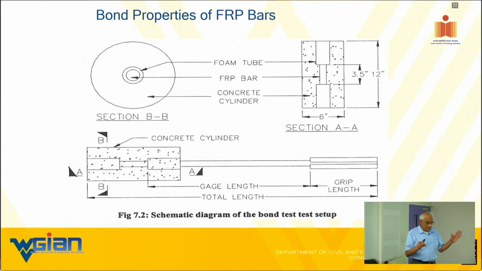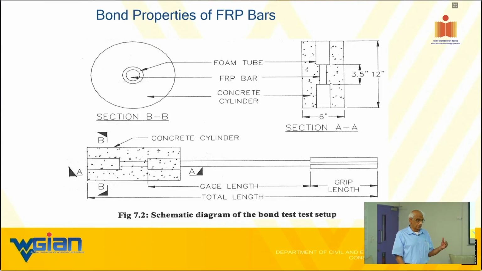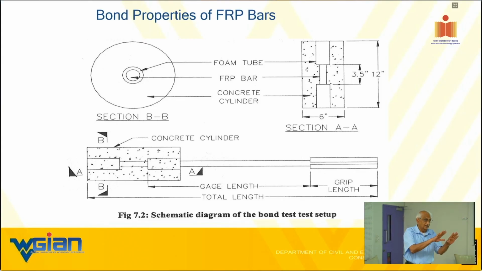Another one we did: in lieu of plyo grip type of a coating, we had steel grips, no doubt. Then we machined inside the half moon, and then we used sand and bonded it. It worked well. But that's not ASTM.